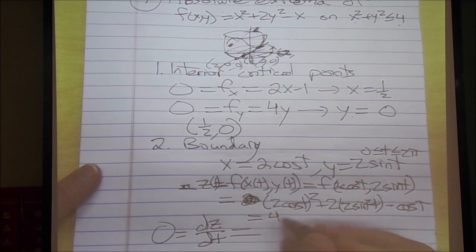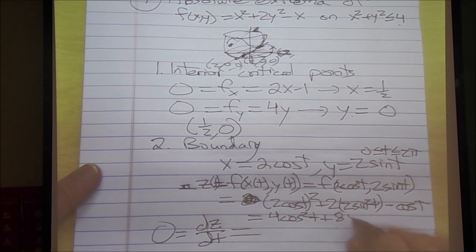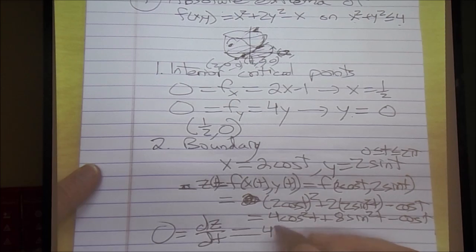This is 4 cosine squared t plus 8 sine squared t minus cosine t, and its derivative by the chain rule is 4 times 2 cosine t times minus sine t for this first term.